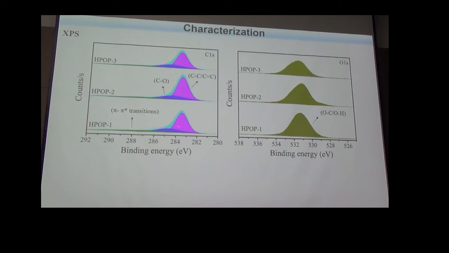In addition, the peak at 284.5 is characteristic of the C single bond O linkages, and the peak at 288.1 is characteristic of the pi star transition. We can also see that the peak at 531.1 is characteristic of the oxygen linkages with hydrogen as well as carbon. This peak area of oxygen is in agreement with the theoretical value we have calculated.